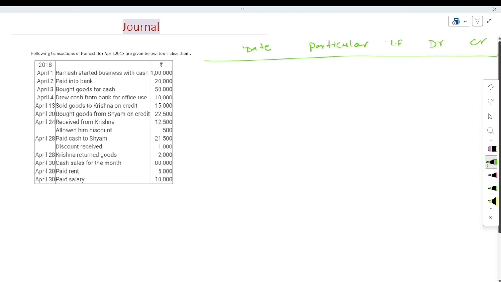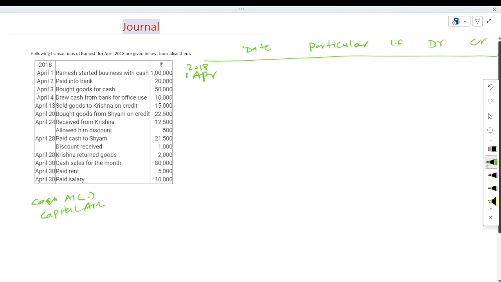We will not make the proper format. Okay, see here, the first transaction is on 1st April 2018. Ramesh started business with cash of rupees 1 lakh. Here the cash account and the other account will be the capital account.